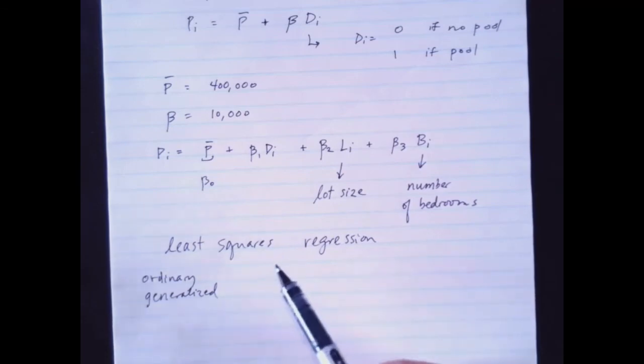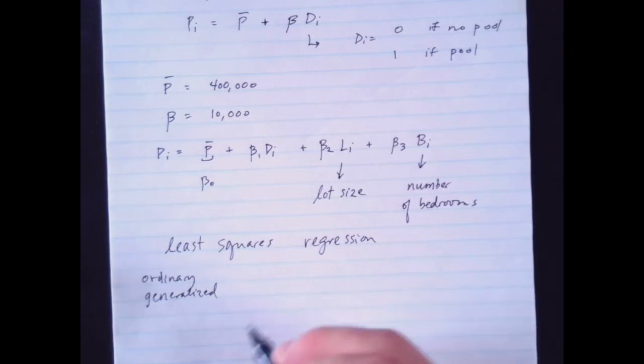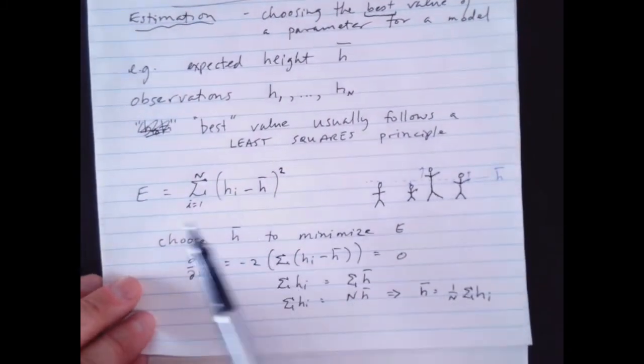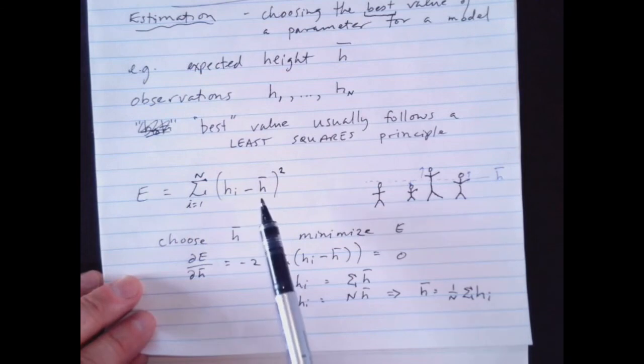There's another rule that we can use that we will also see, although we don't use it as often. Least squares is solving the sum of the squared errors.